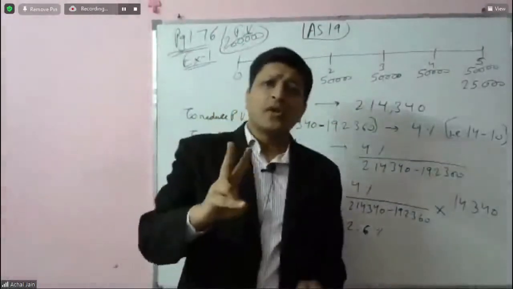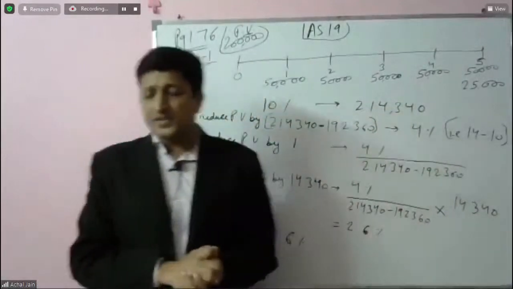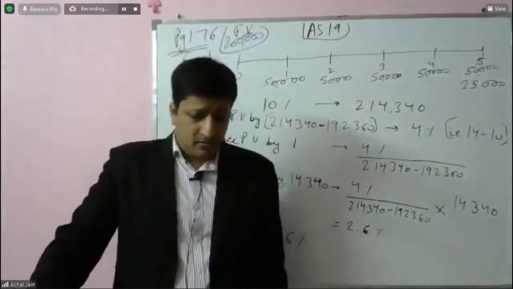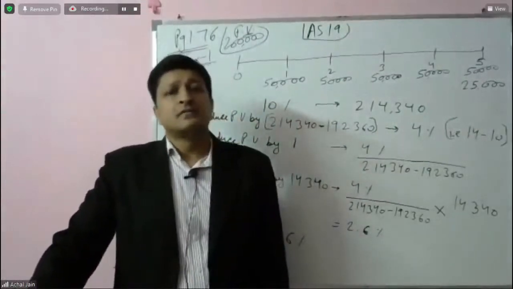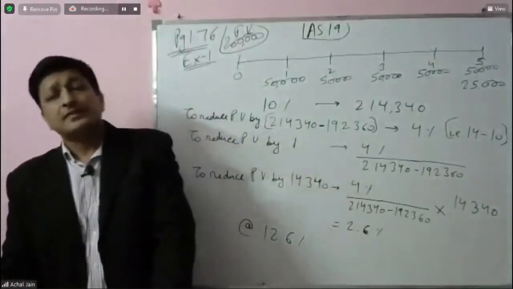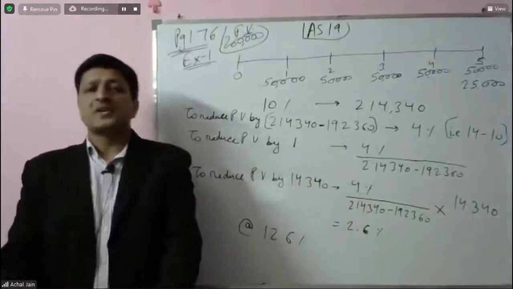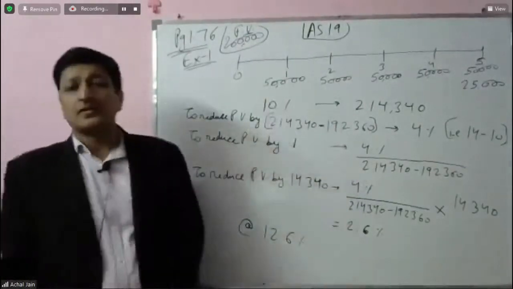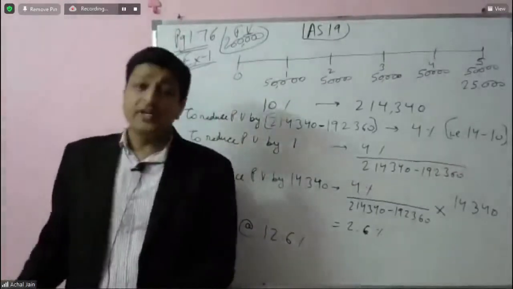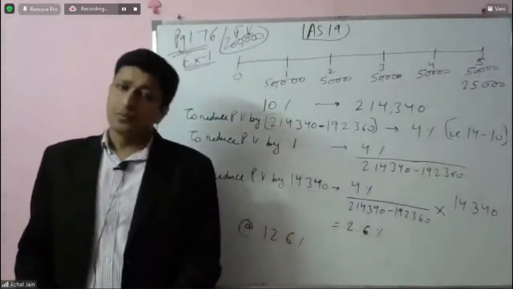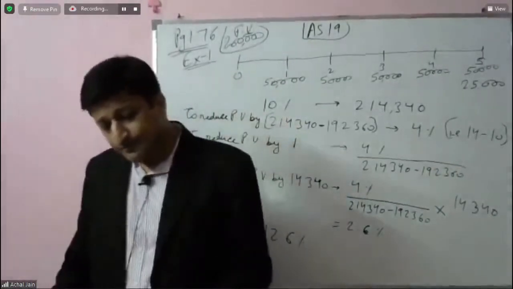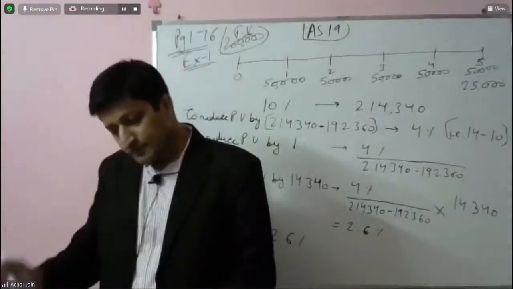So first of all, if you have to note down these steps, whenever you will apply trial and error method, you will start with X rate, compute the present value, then you will take Y rate, compute the present value, and then you will follow this technique, which will give you the exact discount rate to be considered for computing the present value. Clear? All of you clear on this?